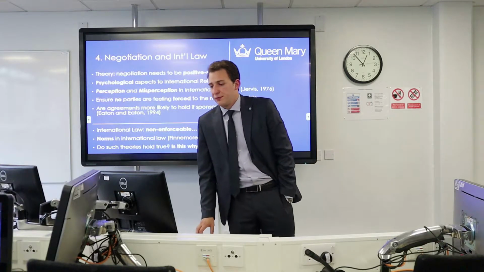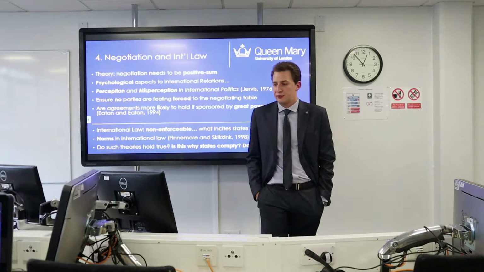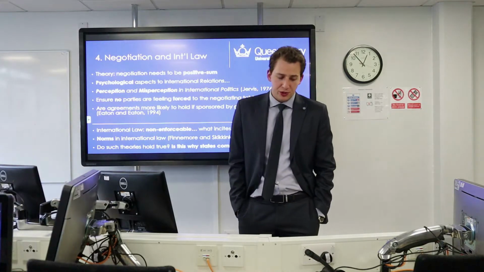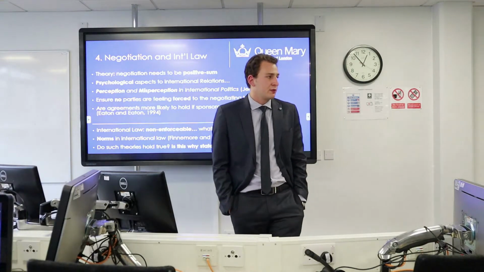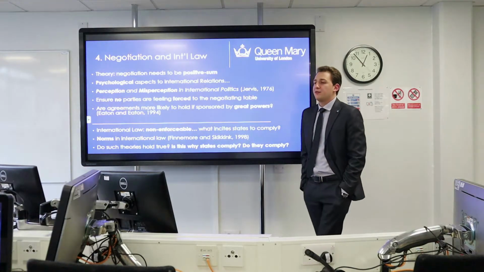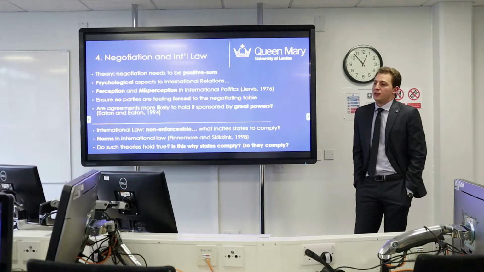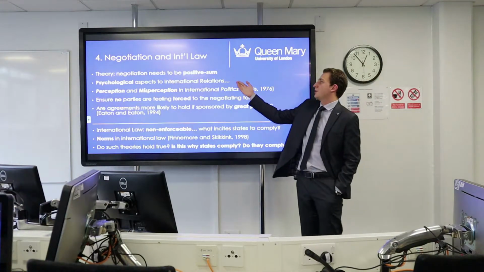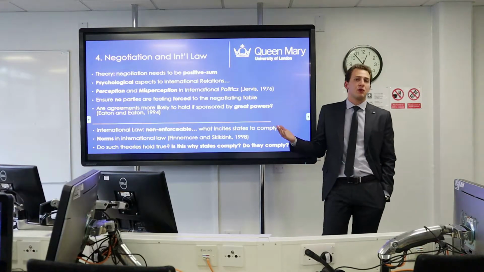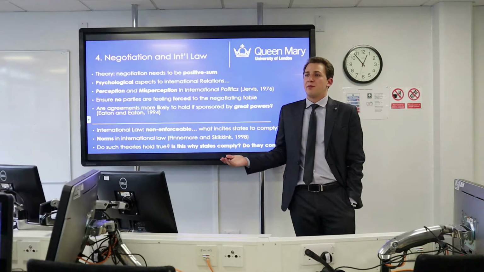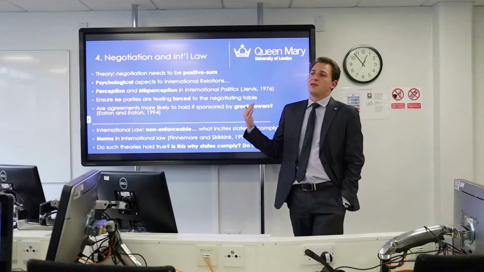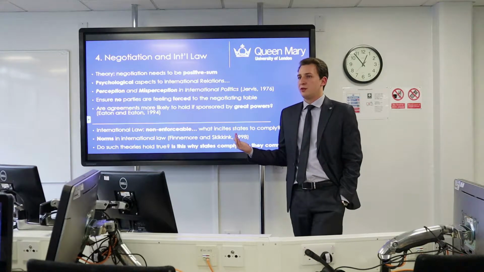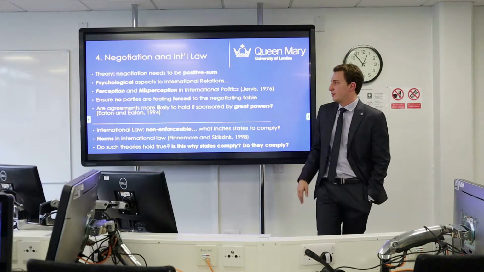Now, the fourth type of theoretical frameworks are negotiation and law-oriented theoretical frameworks. When you think of negotiation, in theory it must always be positive sum in order to succeed. So the result must always be, in total, a sum that's greater than what the actors would otherwise get.